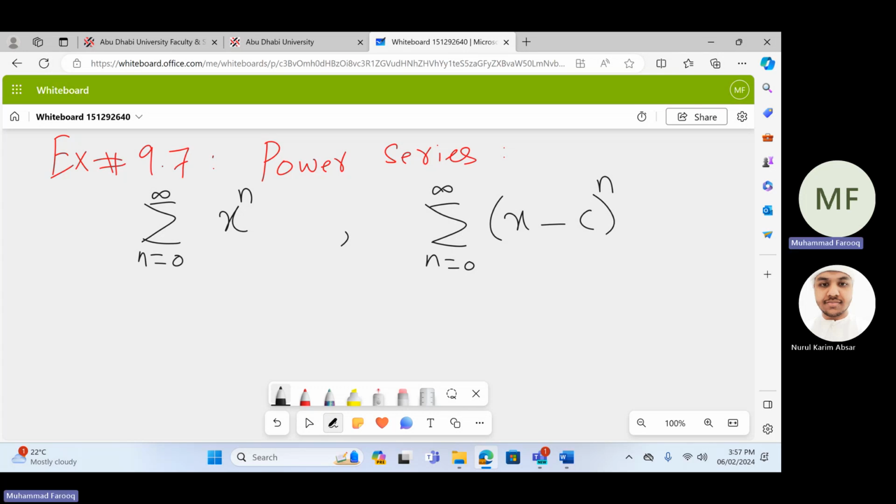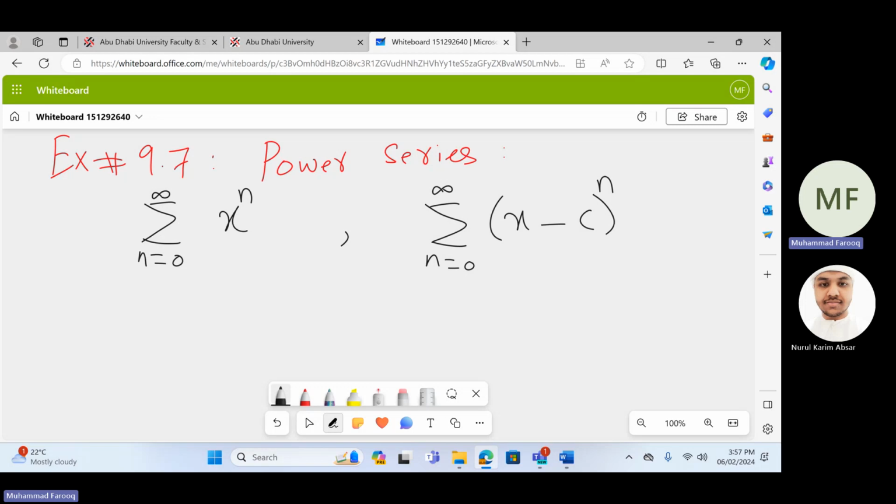Actually, if you observe all the questions before 9.7, you do not find any x in your question. Only n. Now you have n and also x. So whenever you observe that x is involved in your question, it means this is a power series. You treat this series as a power series because it has its own requirements. x is not constant, it's a variable.